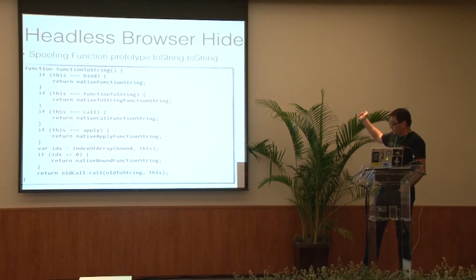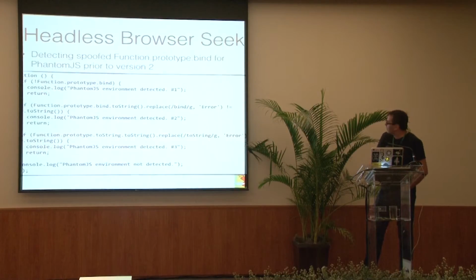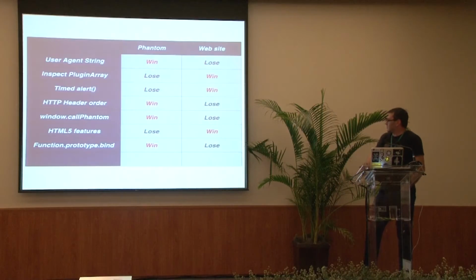It probably also needs to be spoofed, because I was using indexOf somewhere, but I think I removed it or it didn't fit this slide. Anyway, it doesn't really matter. PhantomJS is going to win if bind is not implemented and you want to fake it, spoof it.